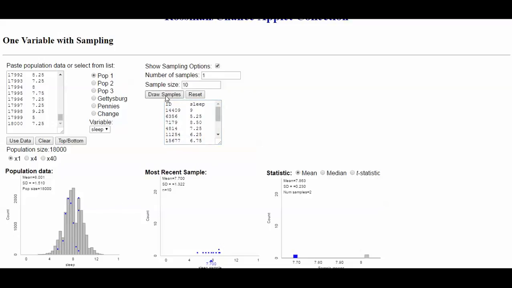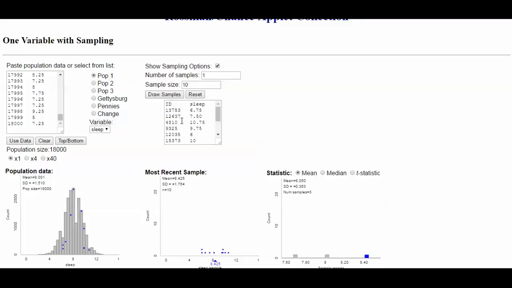Now let's select a different sample of 10 people and calculate the new sample mean. This time, the sample mean came out to 8.425. So my third group of 10 people has a mean of 8.425, and it plotted that sample mean right there.